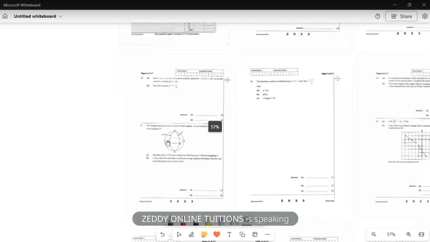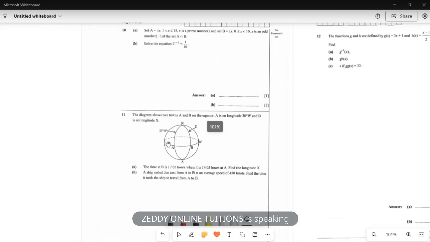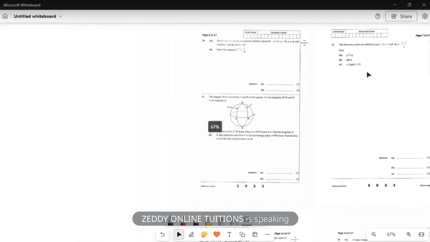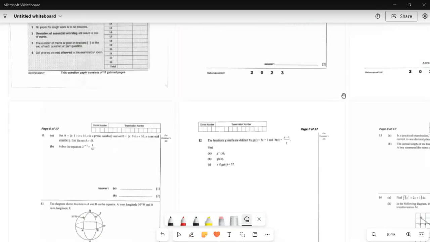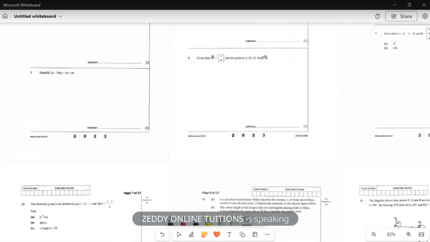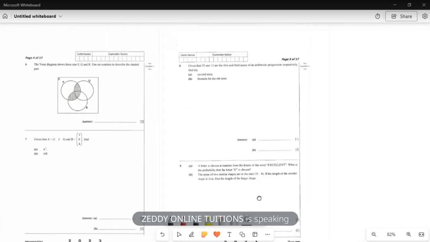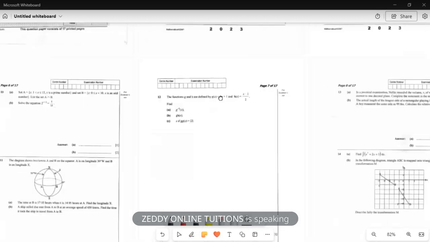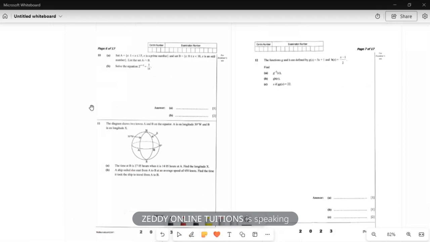Oh, the same one I did. We still have to do. Oh, we were on, we did question what? We did 9, right? So we're supposed to go to 10, and from 10 we'll go to 11. Let's try to be a little bit faster.